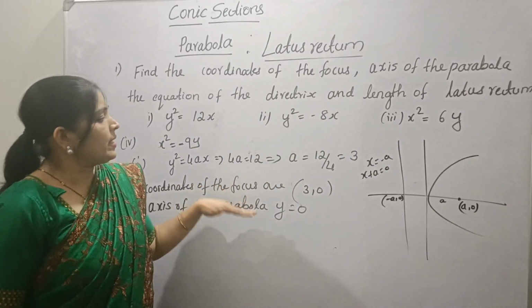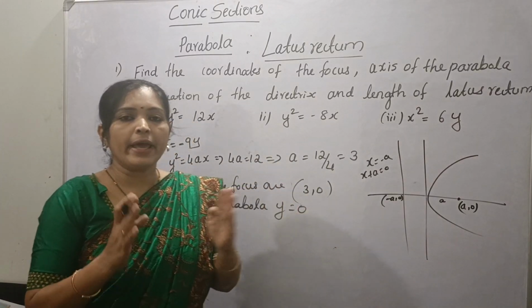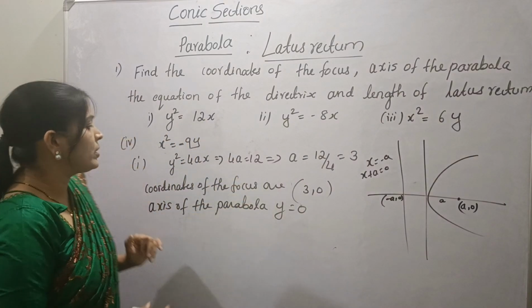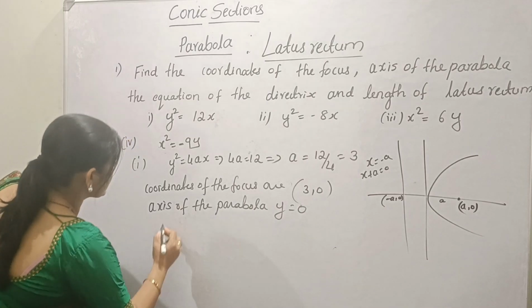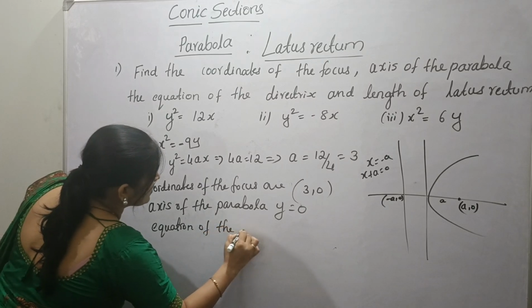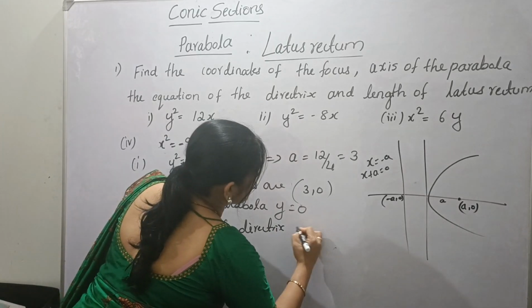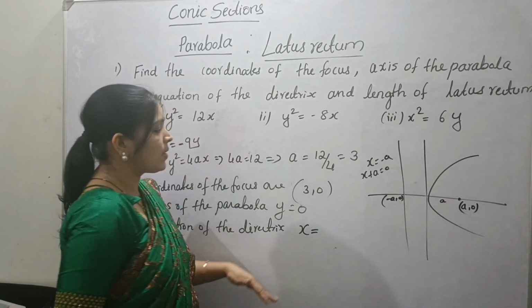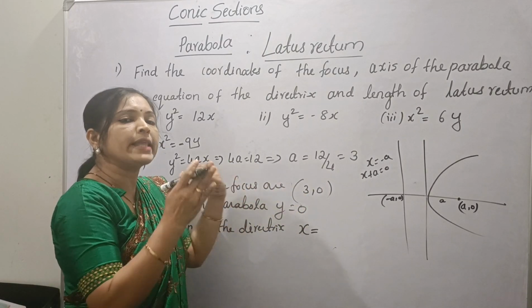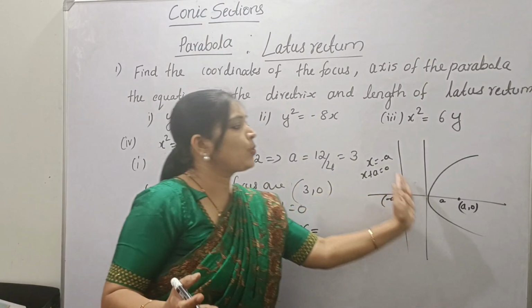Here the parabola opens towards the positive x-axis, therefore the directrix will be on the negative x-axis. Therefore, our equation of the directrix is x is equal to minus 3, because this point is on the negative x-axis, as this parabola opens towards the positive x-axis.